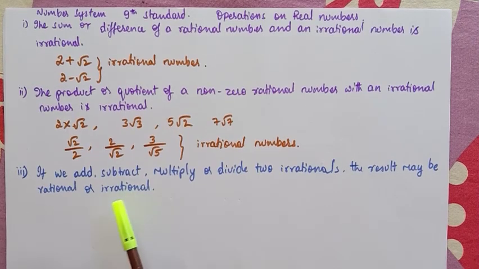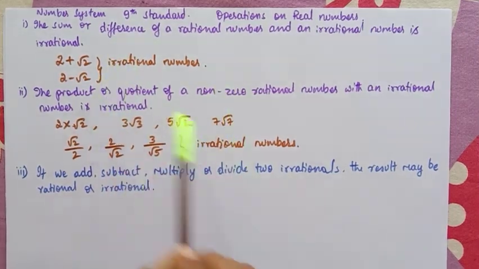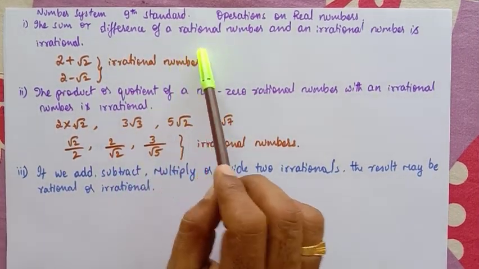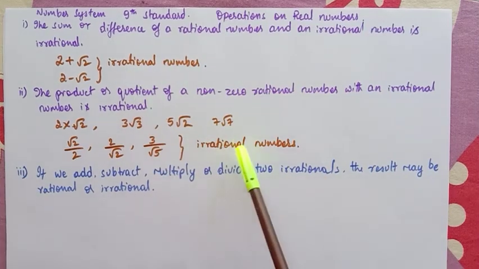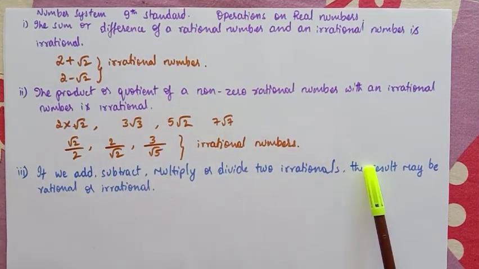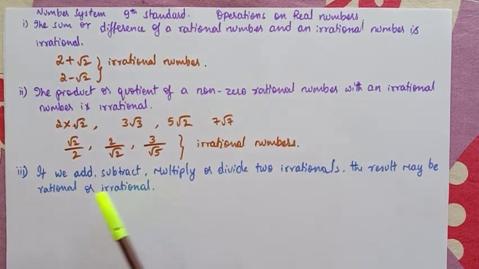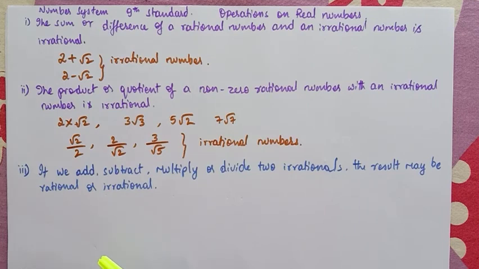Here there is a difference, but in the two earlier cases we got only irrational numbers. When one is rational and another one is irrational, definitely it will be an irrational number. But when both are irrationals, there is a chance of getting a rational or an irrational number.